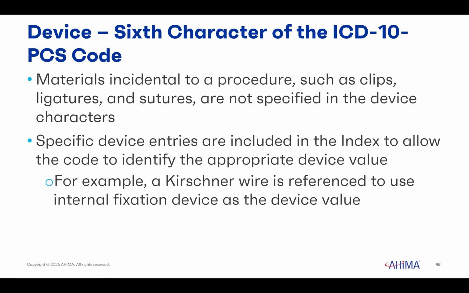Specific device entries are included in the index to allow the coder to identify the device value. So if we see a term like a Kirschner wire, it is used for an external fixation device as the device value. So again, this is another example of how having a medical dictionary handy is super, super helpful.